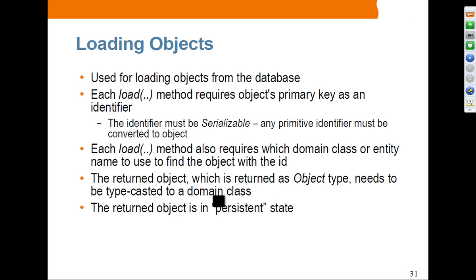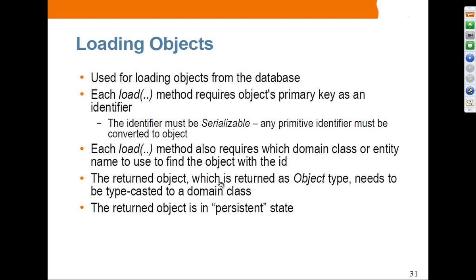Each load method also requires which domain class or entity name to use to find the object with the ID. You can give a name to your entity in your XML file or in your annotation, so you can use the entity name if you want to, or you can just specify the domain class.